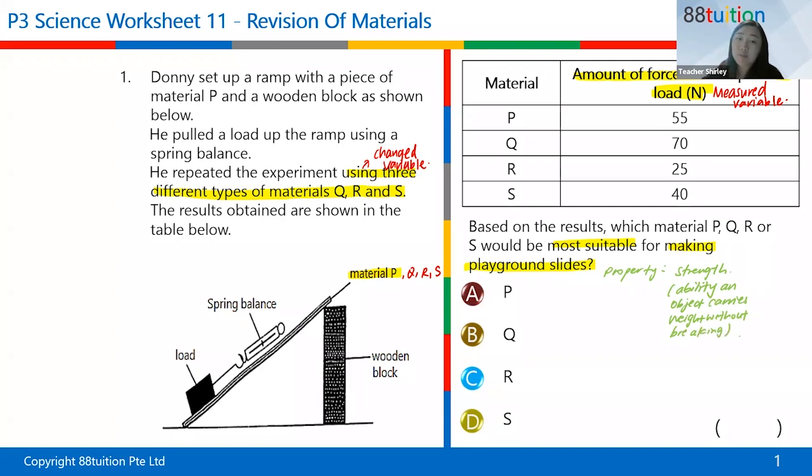That's a good point. Strength is something we want to look at. But at the same time, we are trying to pull the load up. So we want to make a slide. Another thing is that we want it to be slippery as well. I think Claire is having a very bad connection. Smooth? Yeah, we want it to be smooth, right? The smoothness.